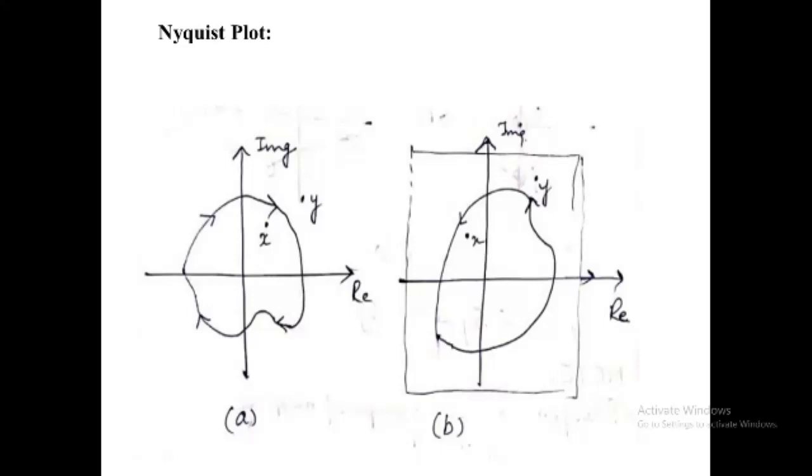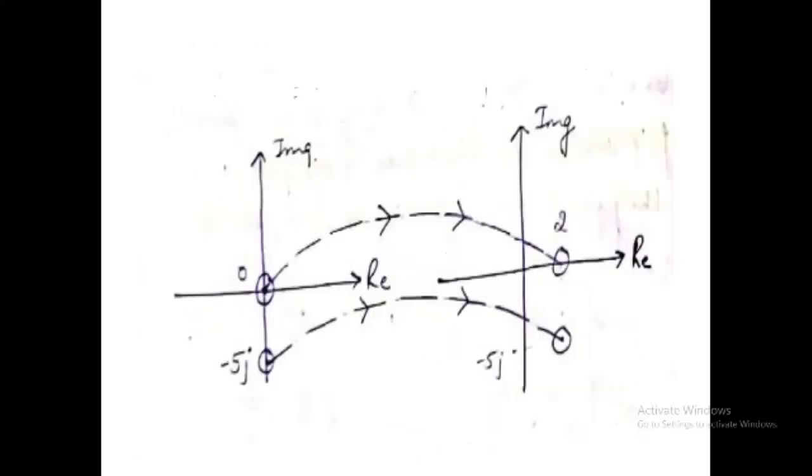Let P(S) equal S plus 2. Therefore, P(S) is equal to 2 at S equals 0, and P(S) is equal to 2 minus 5j at S equals minus 5j.